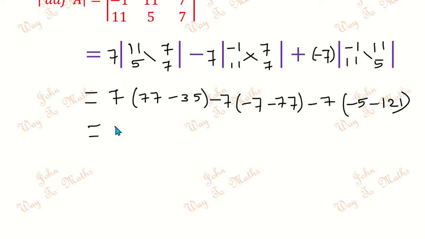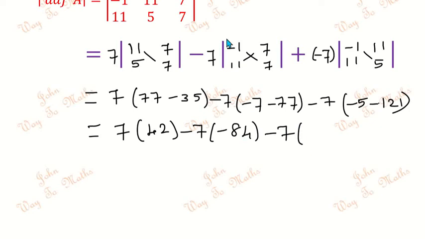So 7 of (77 minus 35) equals 42, minus 7 of (minus 84), minus 7 of (minus 126).